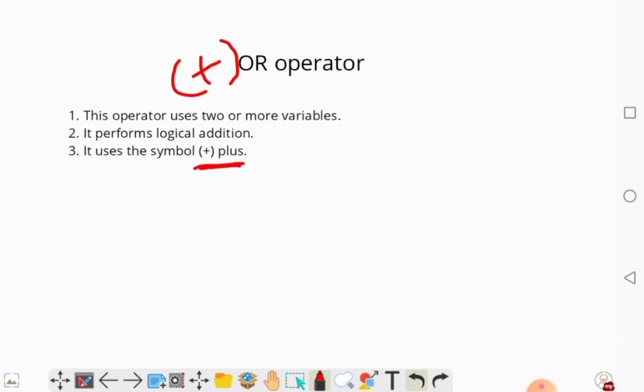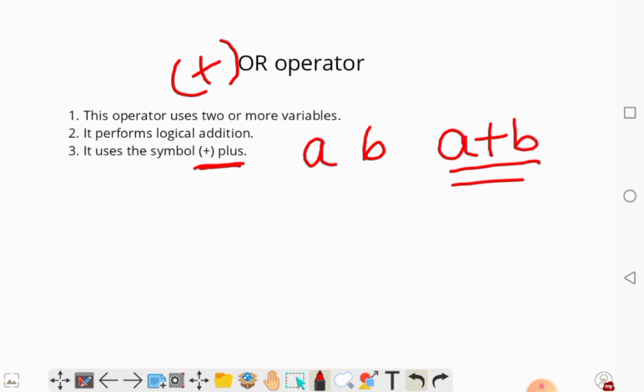Remember the symbols for the AND and OR operators. We are going to use these in further solving of expressions. Now if we have 2 variables A and B, A plus B means A or B. The symbol for the OR operator is plus.